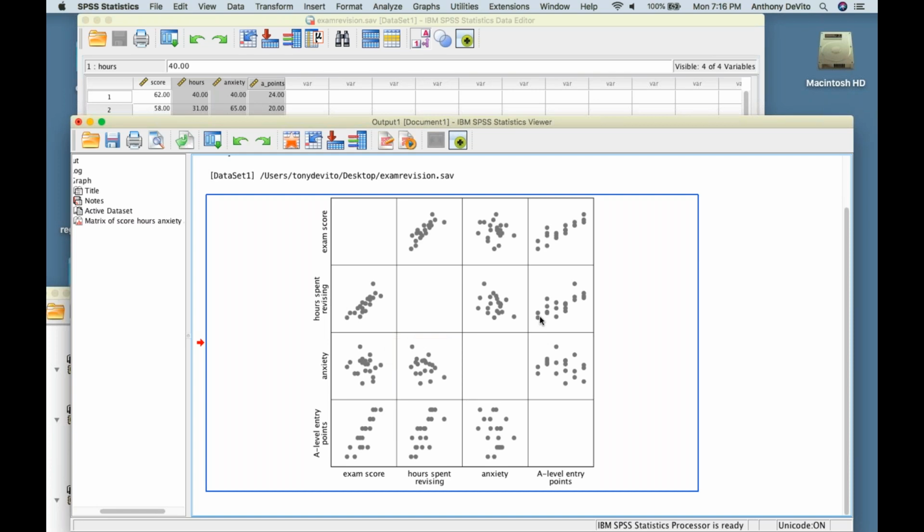Anybody remember what the problem was there? That's called collinearity, right? The problem is that if they're very closely associated, we don't need both of them. In fact, using both of them may throw off the influence that other factors have here.